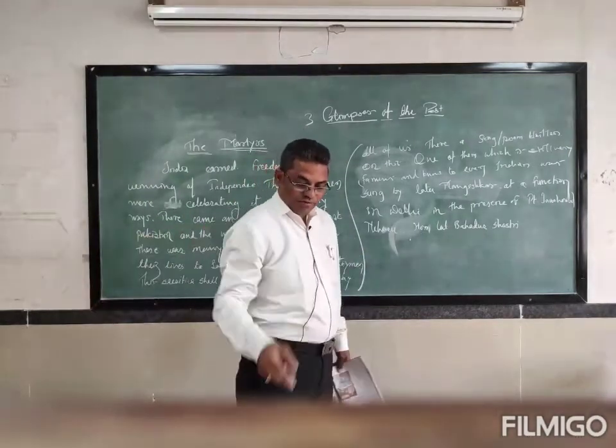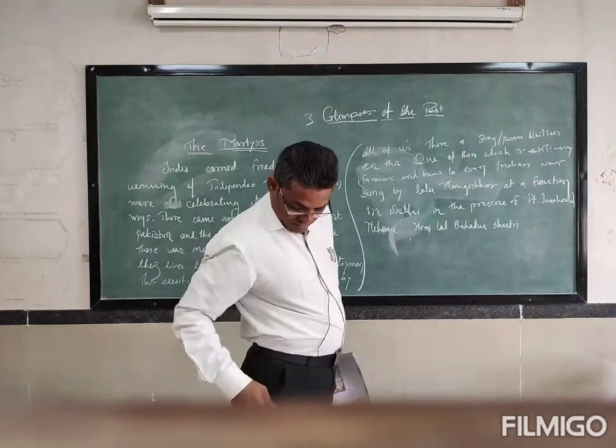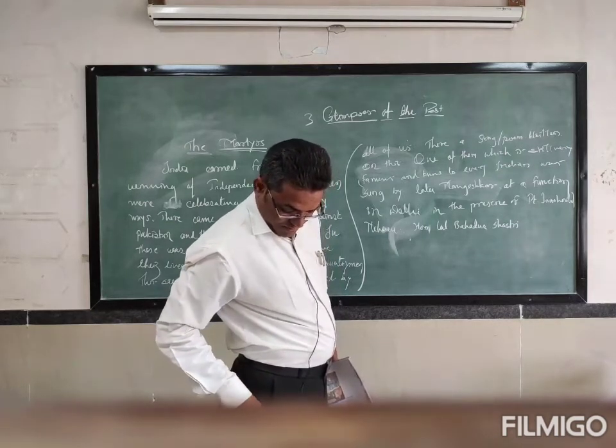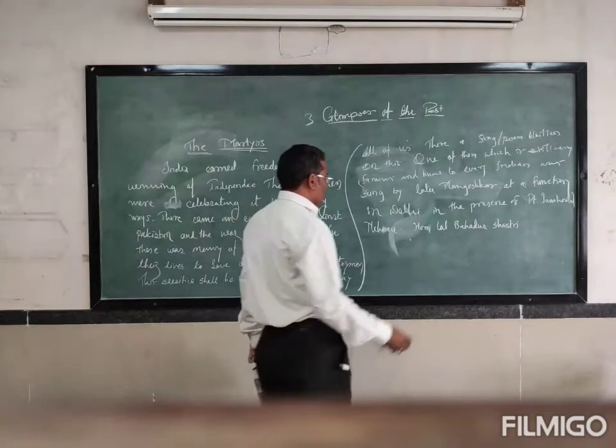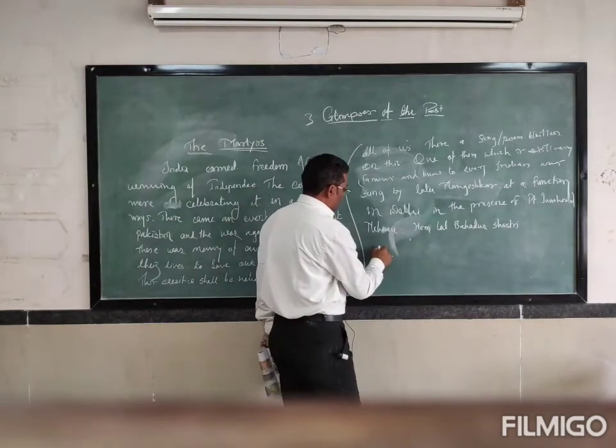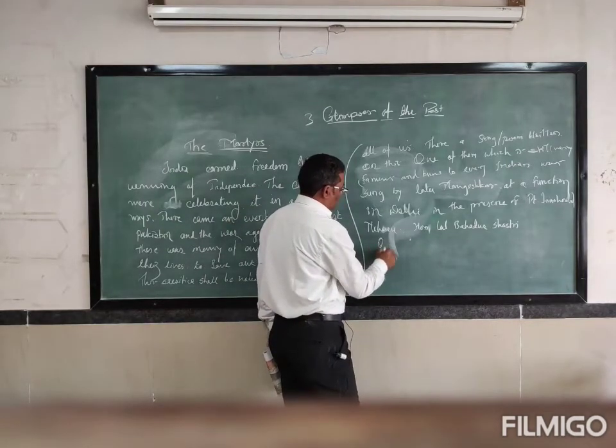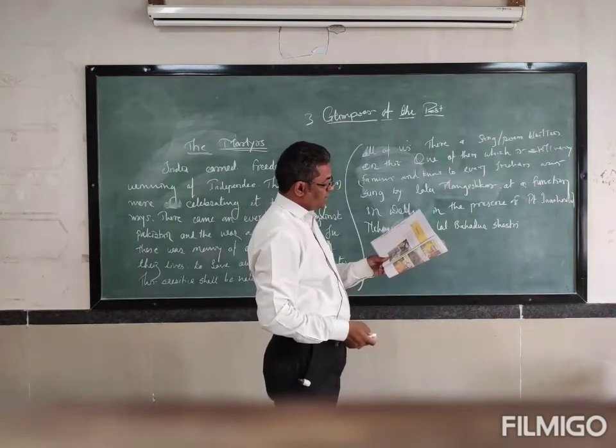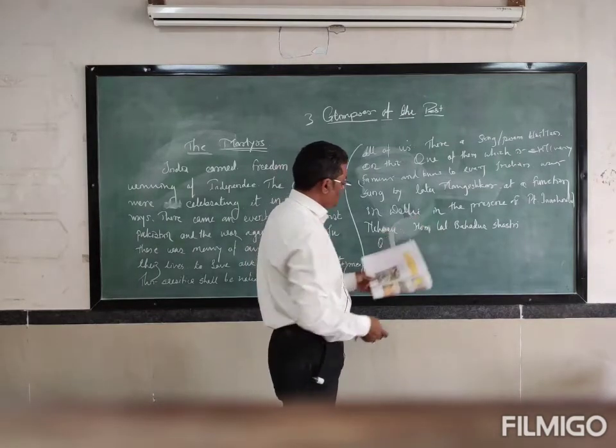So, in the presence of these people, this song was sung. What were the words of the song? The words were, oh, you can write it now. Oh, my countrymen.